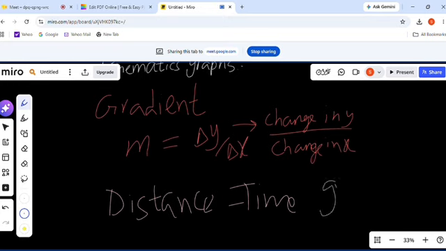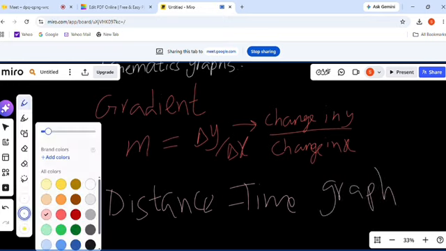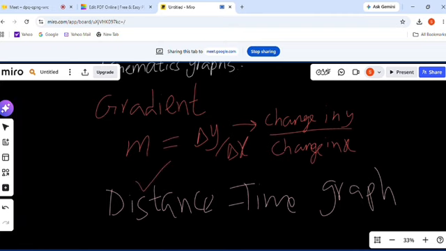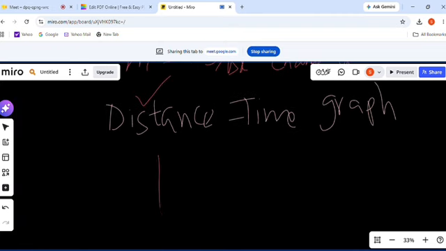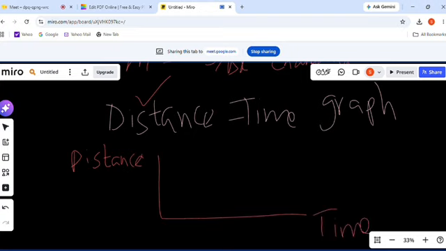The main thing you have to remember is that as we are discussing distance time, the word distance is written first. So distance is taken along the y-axis and time is taken along the x-axis.